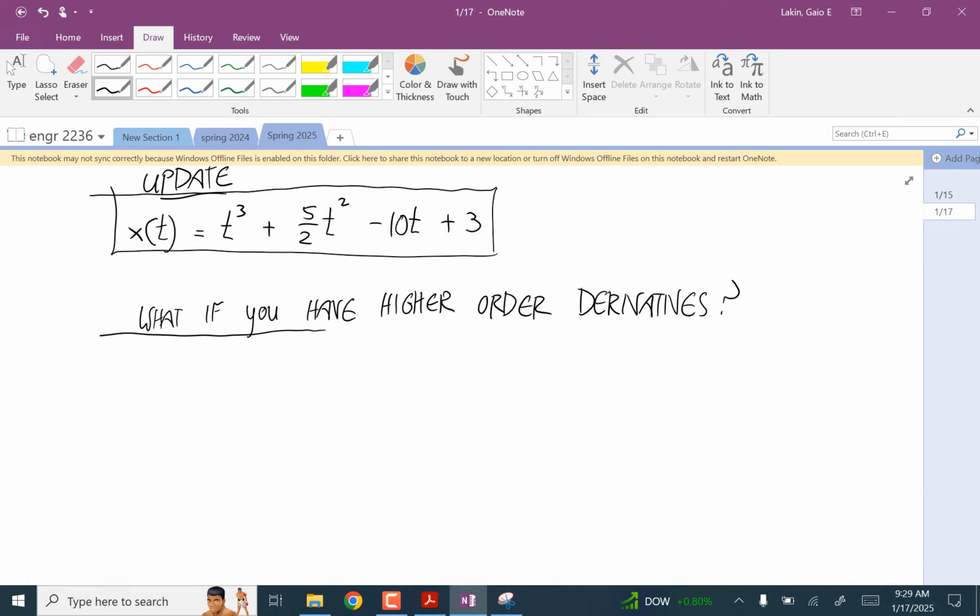So let's say that we know that the acceleration vector of an object is 0, negative g. Let's forget that. Let's just do it as a single. We'll say that the y component of the acceleration is negative g, where g is 9.81 meters per second squared.